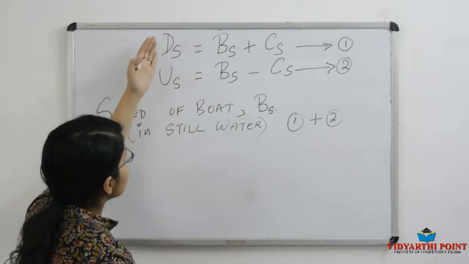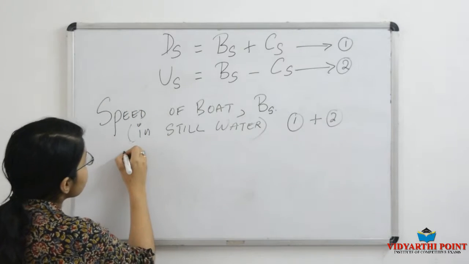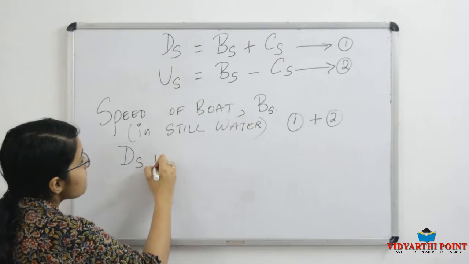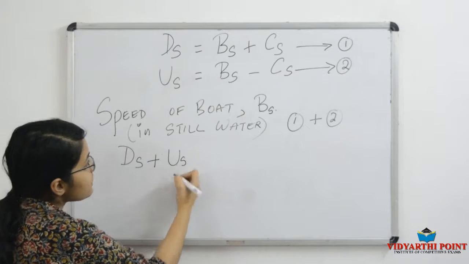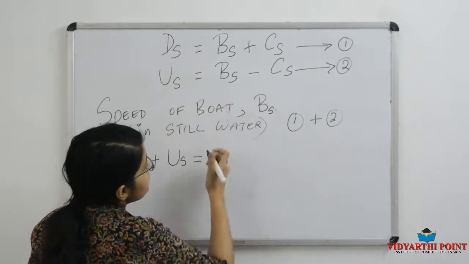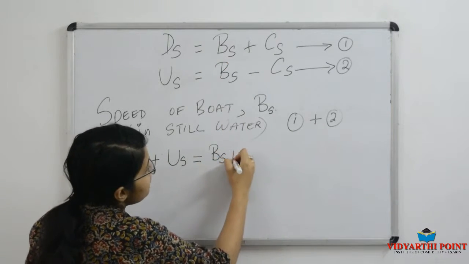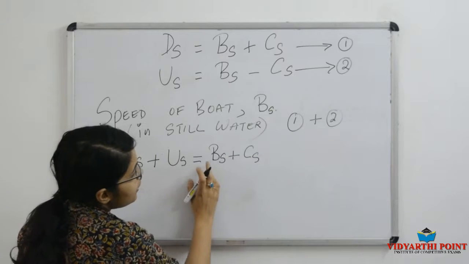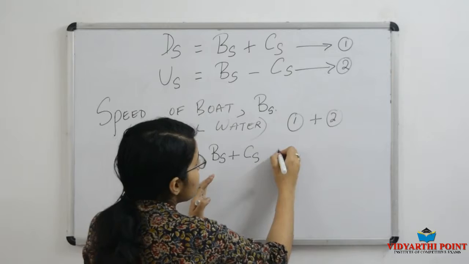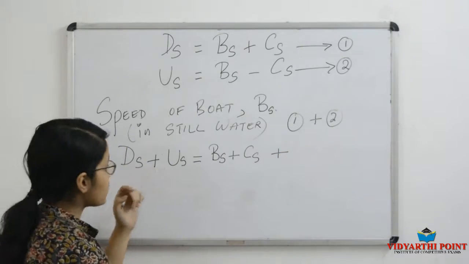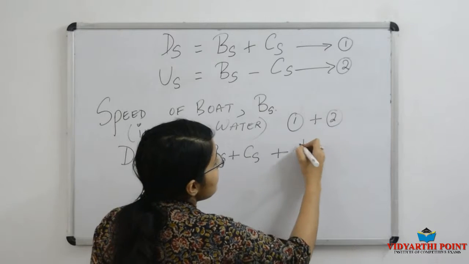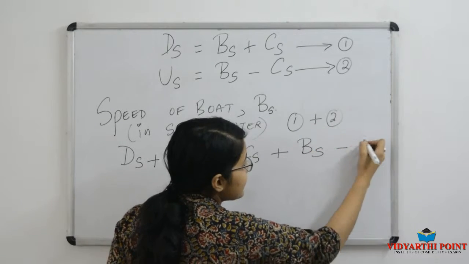Upon adding, the left hand side will add, that is downstream speed plus upstream speed equals to, DS is BS plus CS, that is speed of boat plus speed of current. Now plus, since it is addition here, US, that is upstream speed, is BS minus CS.